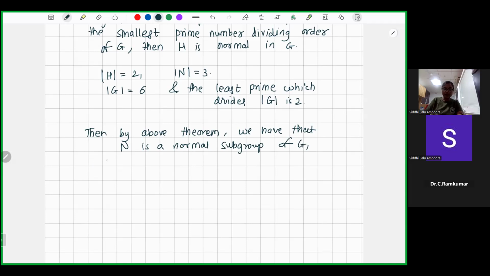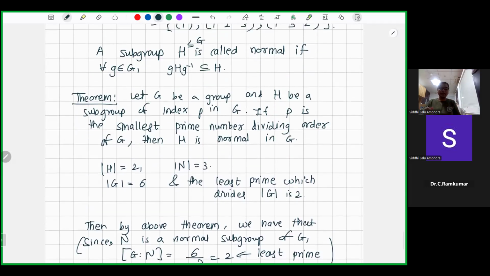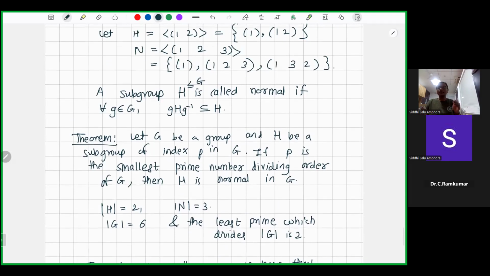Since if I take the index of N in G, it is 6 by 3, which is 2, and this is the least prime dividing the order of G. So by the above theorem, that will directly give me that N is a normal subgroup in G.